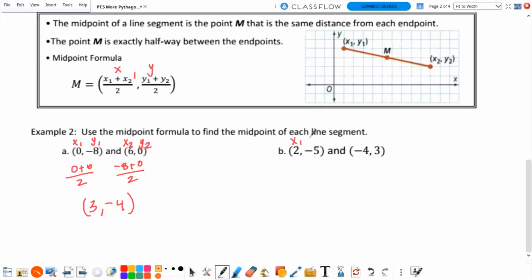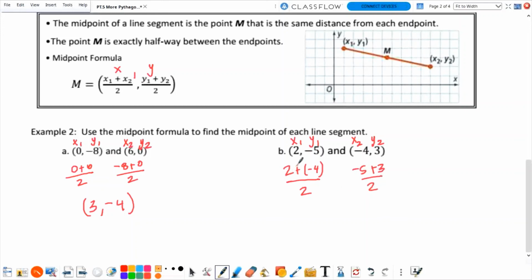Same thing for B. So we have x sub 1 and y sub 1, x sub 2 and y sub 2. So then we're going to have 2 plus negative 4. Be really careful with your signs: put the negatives that go with the numbers included, but put them in parentheses, divided by 2. And then we're going to have negative 5 plus 3 divided by 2.